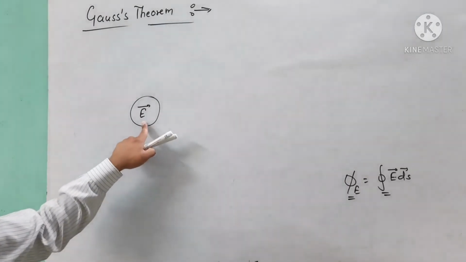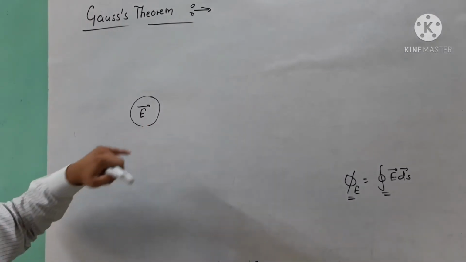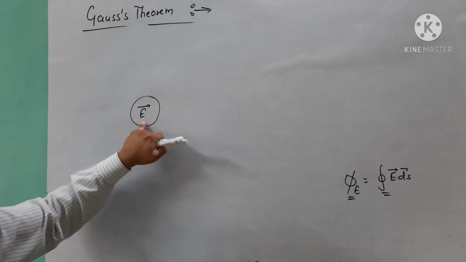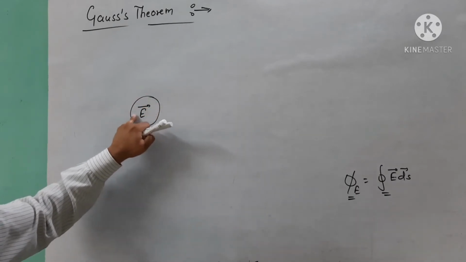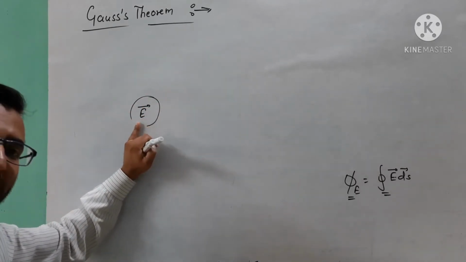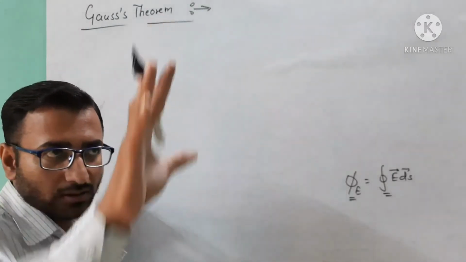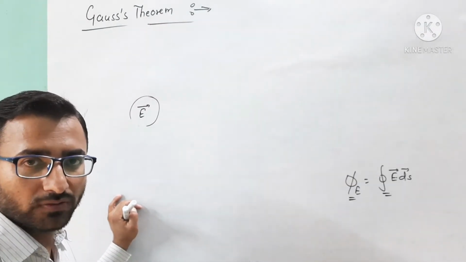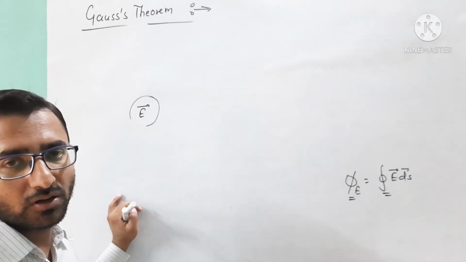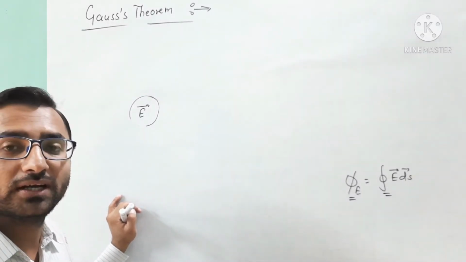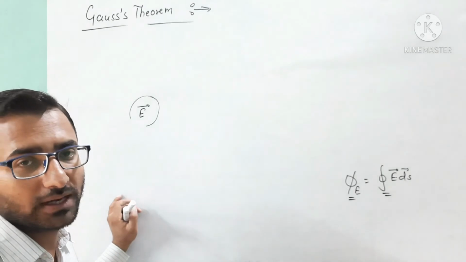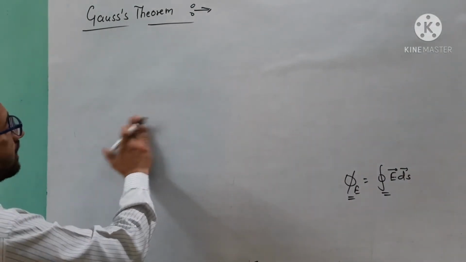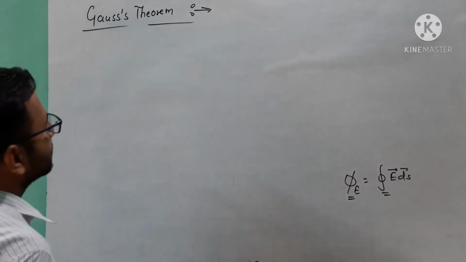Listen carefully, it will not be created by itself, it will be generated by charge. It means this electric field is produced by a charge which is placed in or inside the surface S, for which we are calculating the electric flux. So we can continue our statement with the help of these key points.